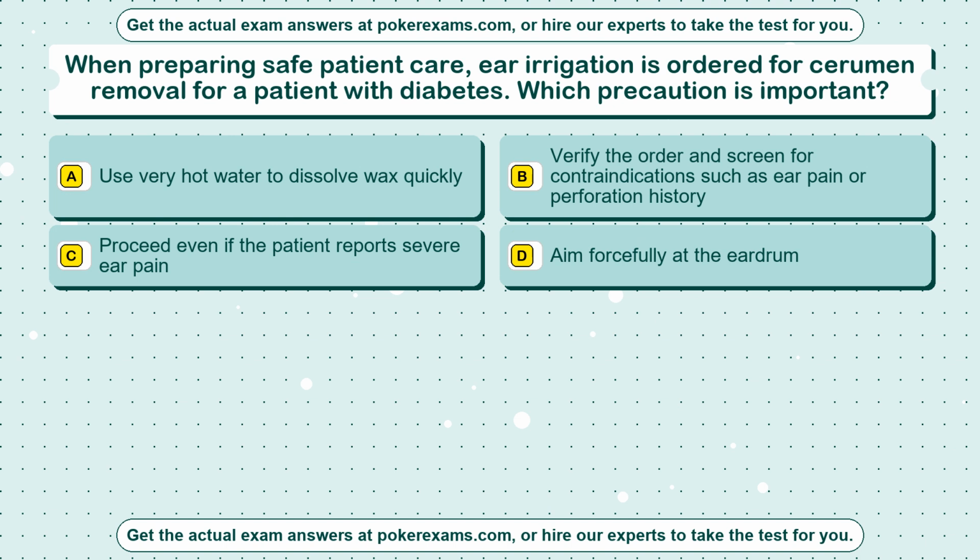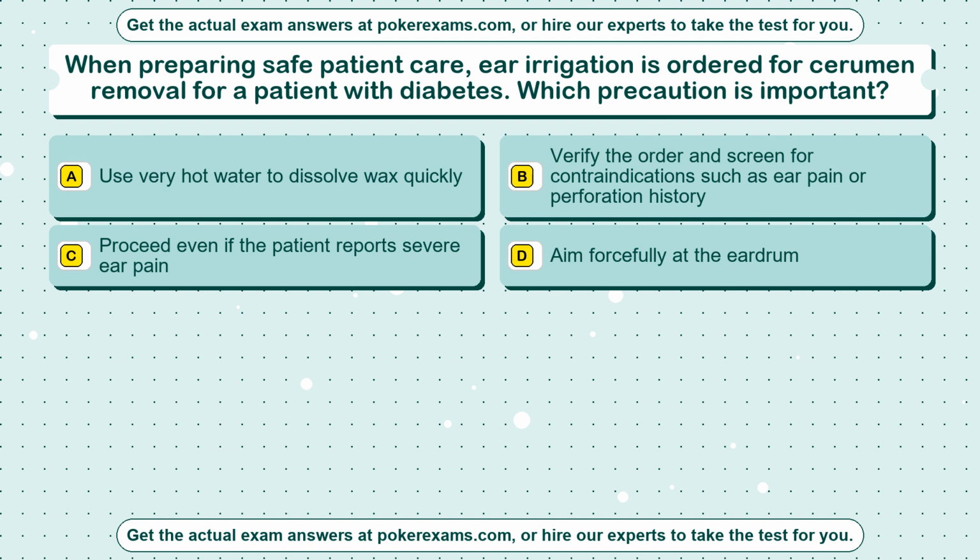Question 93. When preparing safe patient care, ear irrigation is ordered for cerumen removal for a patient with diabetes. Which precaution is important? Option A, use very hot water to dissolve wax quickly. Option B, verify the order and screen for contraindications such as ear pain or perforation history. Option C, proceed even if the patient reports severe ear pain.